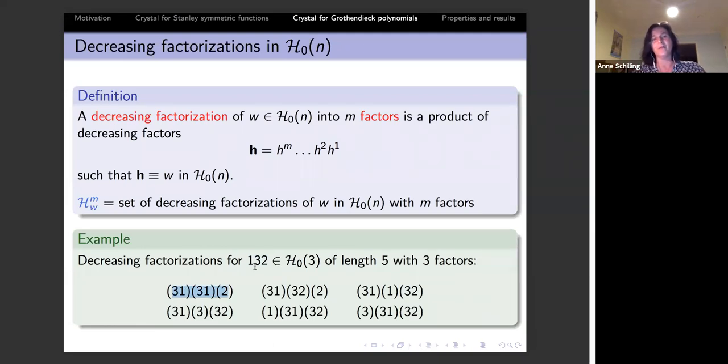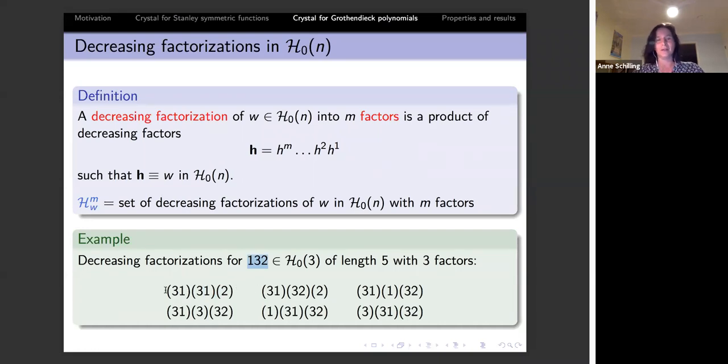That's equivalent to 1, 3, 2, because you can move this first 3 across the 1, and then the two 3s would collapse to 3, and you can move this 1 over, and 1 times 1 is also 1. So this word, if you forget about the brackets, is equivalent to 1, 3, 2.